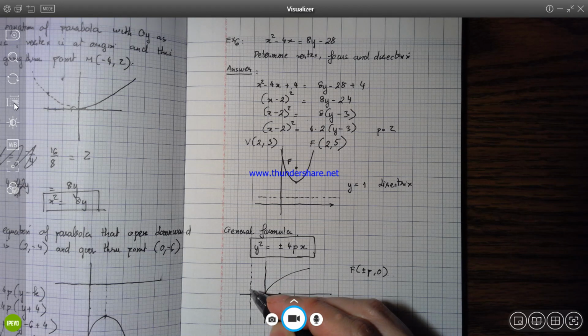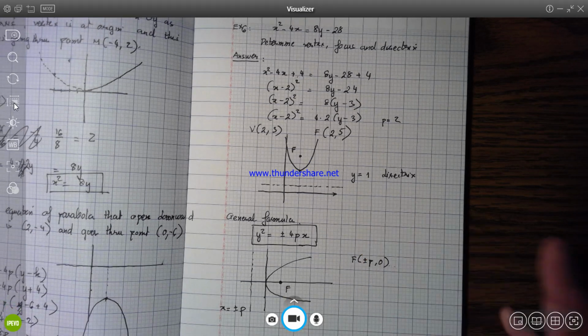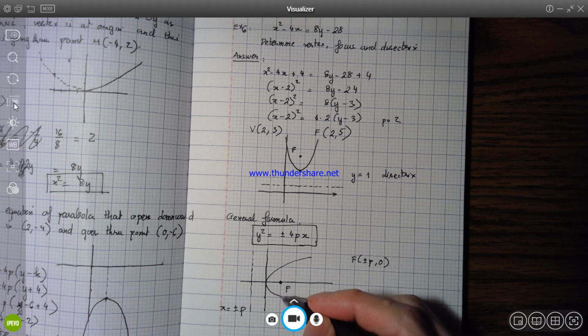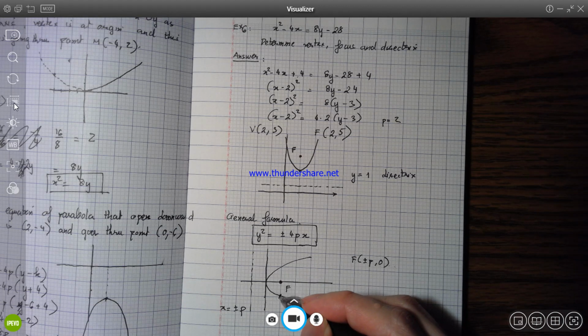So instead of y equals, this will be x equals, so x will be equal to plus or minus p. That is the directrix. And of course we will have a latus rectum also, over here and over here.